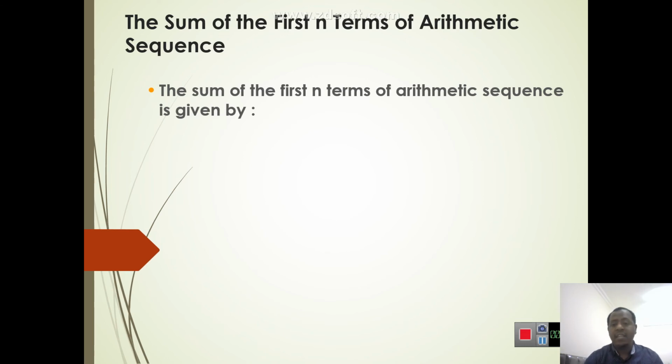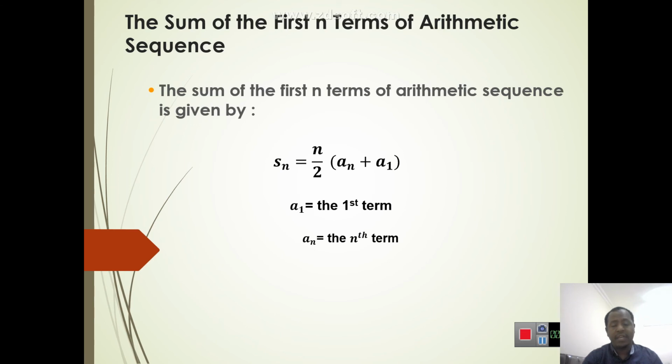The sum of the first n terms of an arithmetic sequence is given by S sub n is equal to n over 2 times (a sub n plus a sub 1), where a sub n stands for the nth term or the general term, and a sub 1 stands for the first term of the sequence. So if you have the nth term and the first term of the sequence, you can simply find the sum of the first n terms.